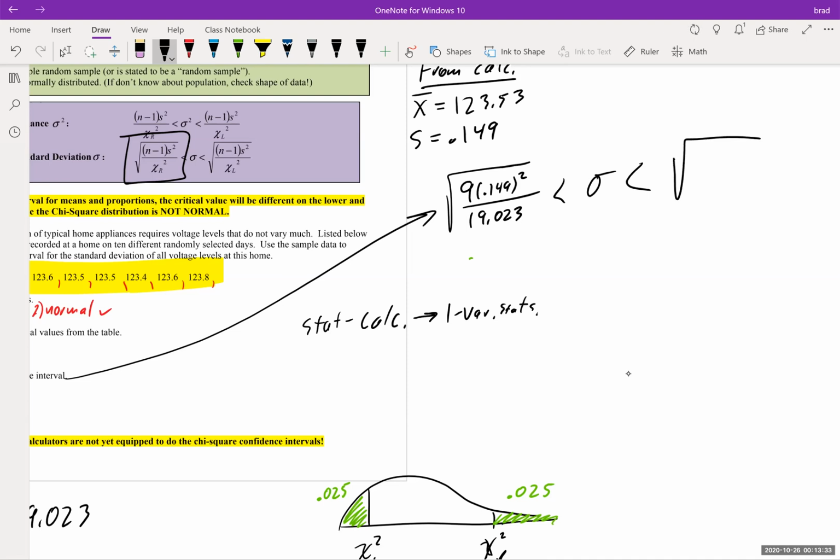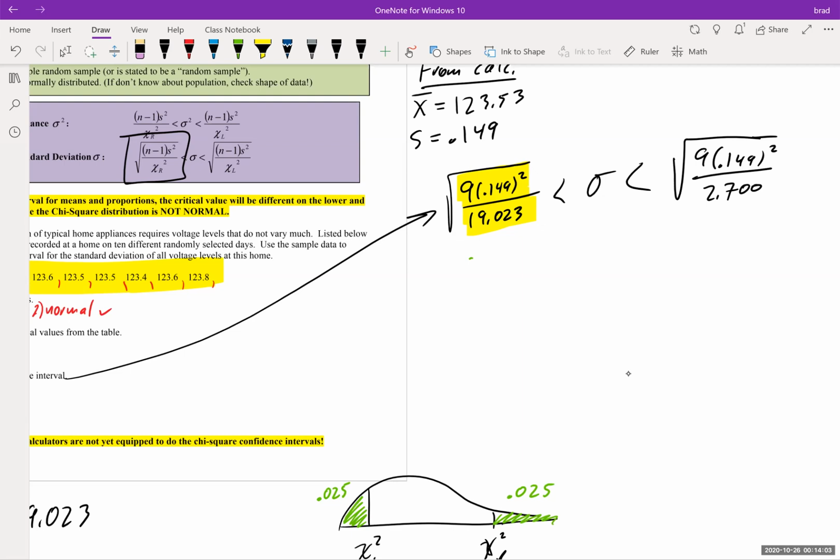Then we do 9 times 0.149 squared divided by chi-squared left, which we know is 2.700. Make sure when you're plugging this into the calculator, you're very careful. This whole thing should be in some kind of parentheses, so the whole thing is square rooted, or you could do all of it and then square root your answer. But let's see what we get when we plug this into our calculator.